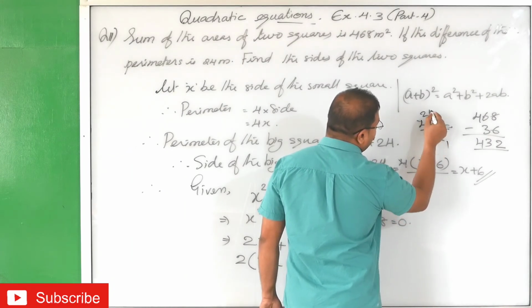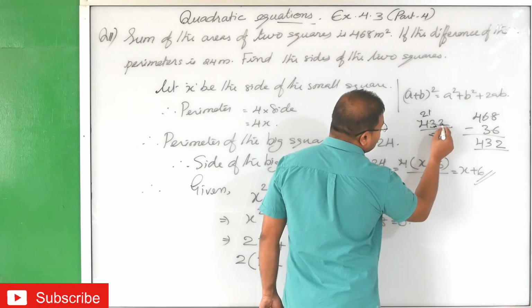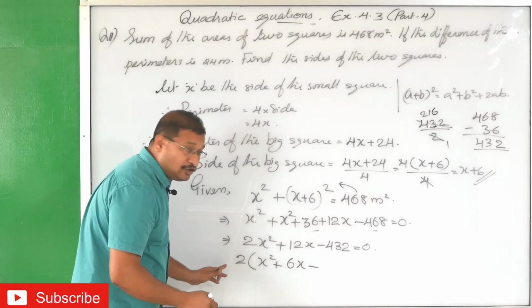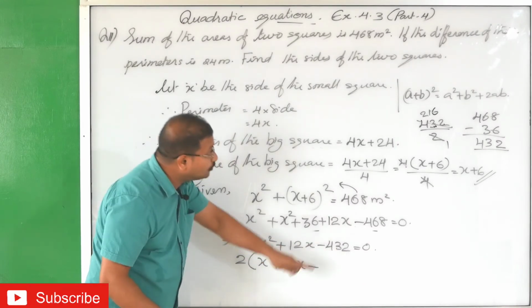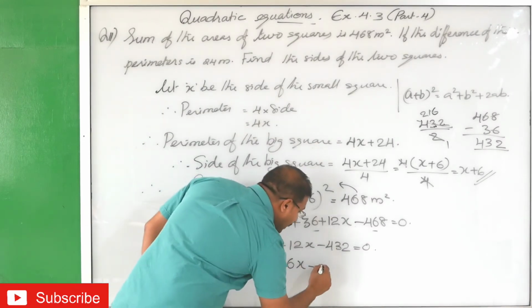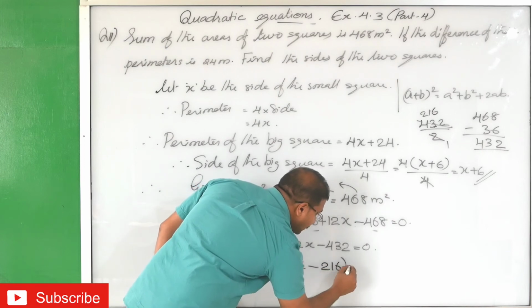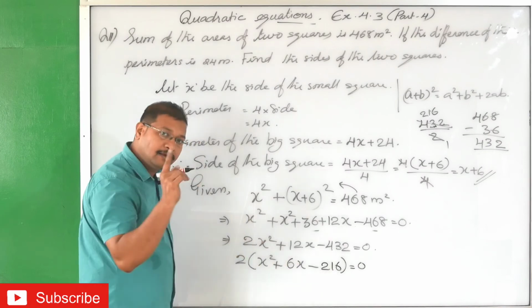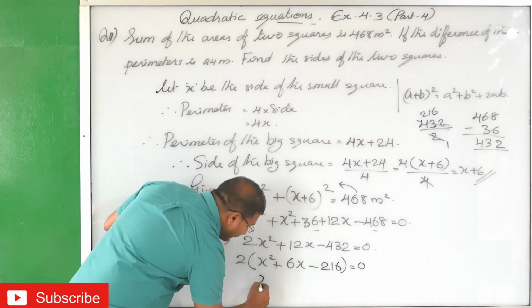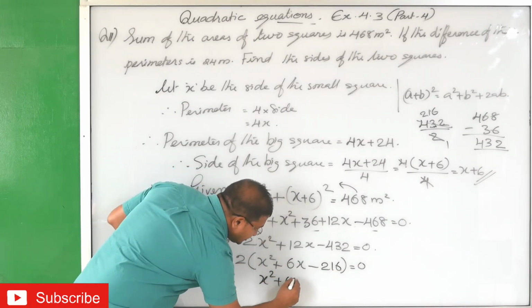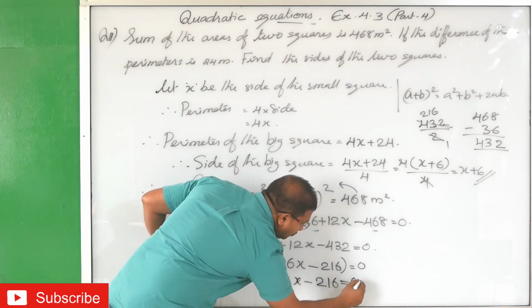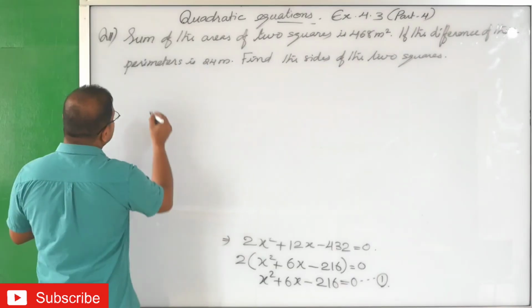From 3 if I take 2 outside, balance will be 1. That means 12, 12 means 6. So the balance will be 216 equal to 0. Now the other side is 0, so 2 we can remove. That means you will get x square plus 6x minus 216 equals 0, equation number 1.